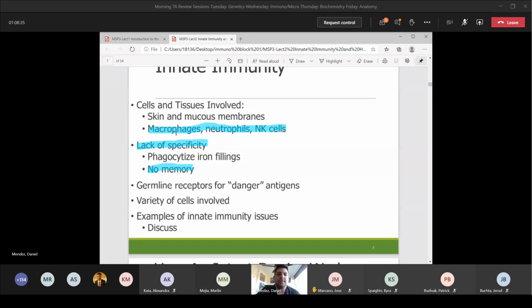So what that means is it's essentially going to attack anything that is foreign. It's not targeted. Our body's not saying, hey, macrophage, go attack that one specific cell. It's just sending macrophages in saying, hey, we have an issue, send these in, they'll clean up the mess. Okay, thank you so much. No problem.